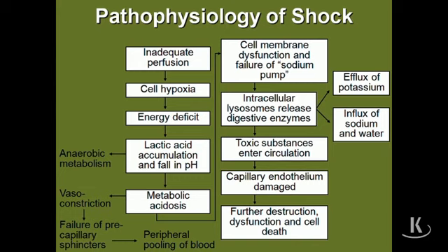Then as the pH drops, lysosomal enzymes will become activated because there are a lot of acid hydrolases and will cause damage, and then further release of substances into the intravascular space from this damaged tissue will damage endothelium, leading to further disruption and decreased perfusion. It can lead to thrombosis formation, stasis of blood, and further aggravating the process of shock, leading ultimately to death of the patient.